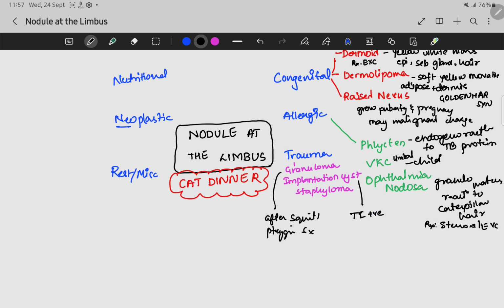Coming to staphyloma, as we know, for staphyloma to be at the limbus, it should be either intercalary or ciliary staphyloma. And we know it is most commonly due to trauma. Okay, so this was regarding the trauma. The CAT is done.